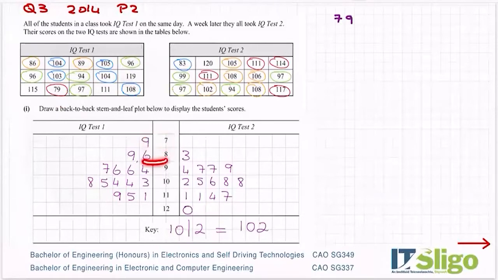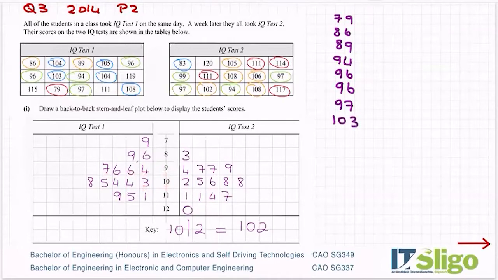My next number is 86, followed by 89, followed by 94, 96, 96, 97, 103, 104, 104, 105, and 108.